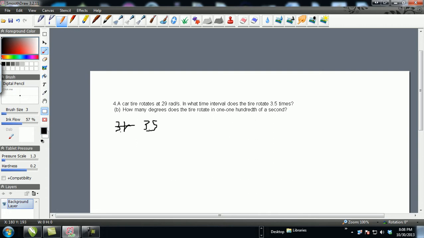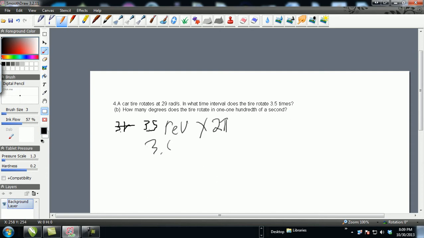Let me get my pen. Let me find it. Got it. Go ahead and take 3.5 revolutions and multiply that by 2 pi, because you know each revolution is that.